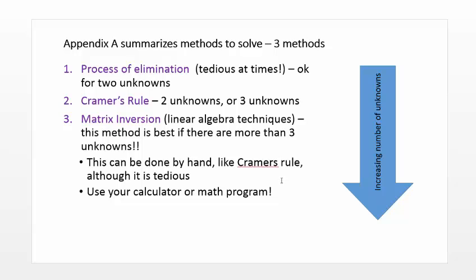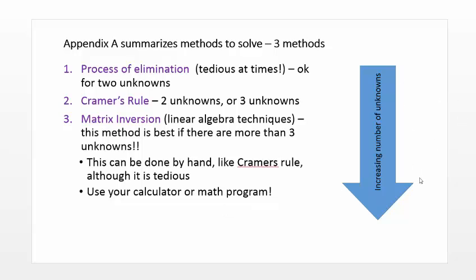When you are a junior or a senior at your university, you will take a course in linear algebra that will go in a lot more depth. But anyway, if you get too many loops or too many nodes, you're going to have to resort to some computational way to find your unknowns. You can do it by hand, but it gets extremely tedious. It's best to use your calculator or a math program.